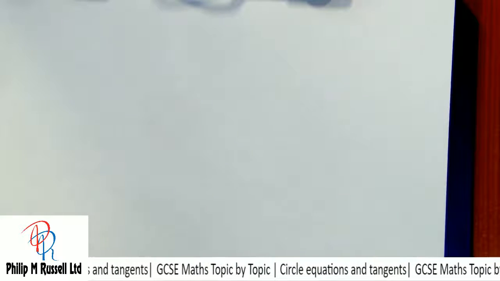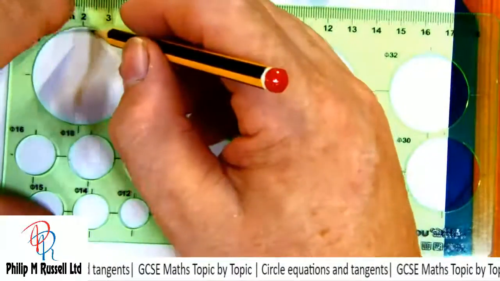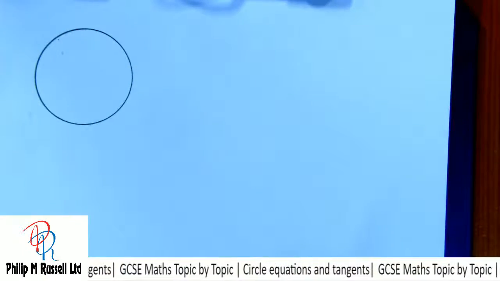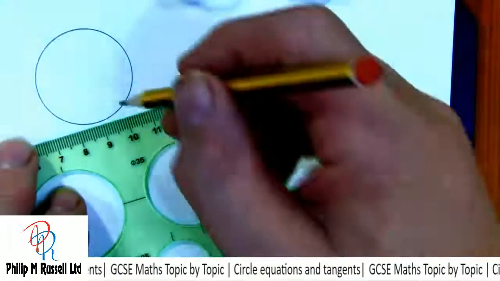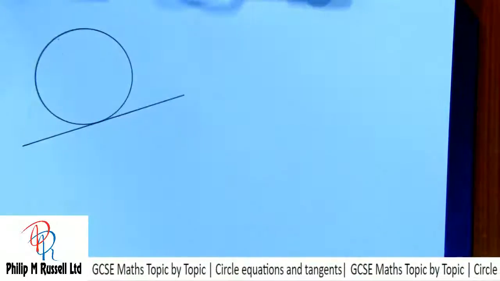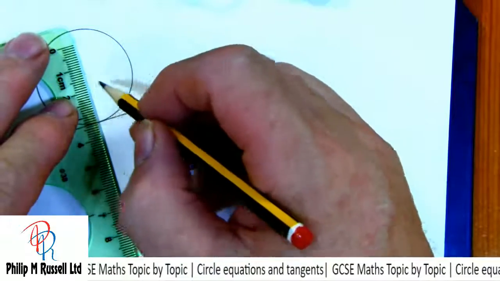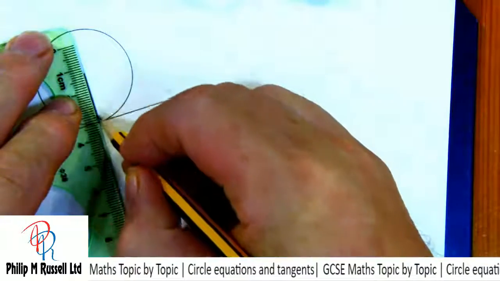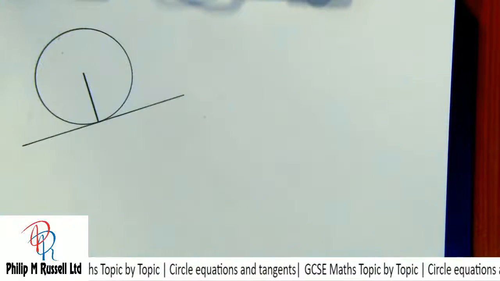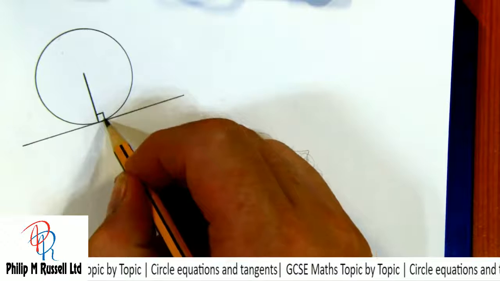Now we meet another problem, which is all to do with these circles, and that is I may have a circle and it meets a tangent. Now I know that it will meet the radius of this line at 90 degrees.